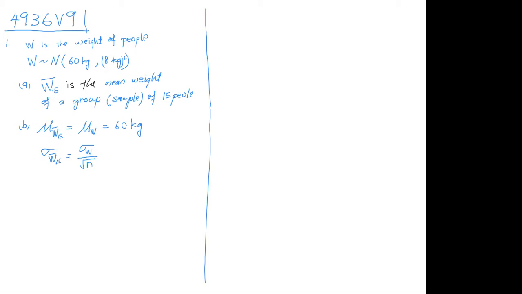So here you will take 8 divided by square root of 15. Then you put an approximate value, round it up to 3 significant figures. That is 2.07 kg. Okay?